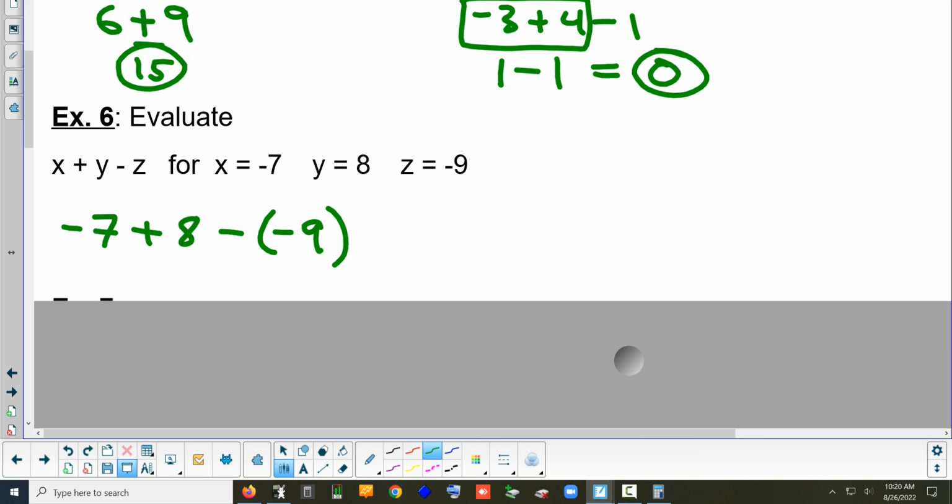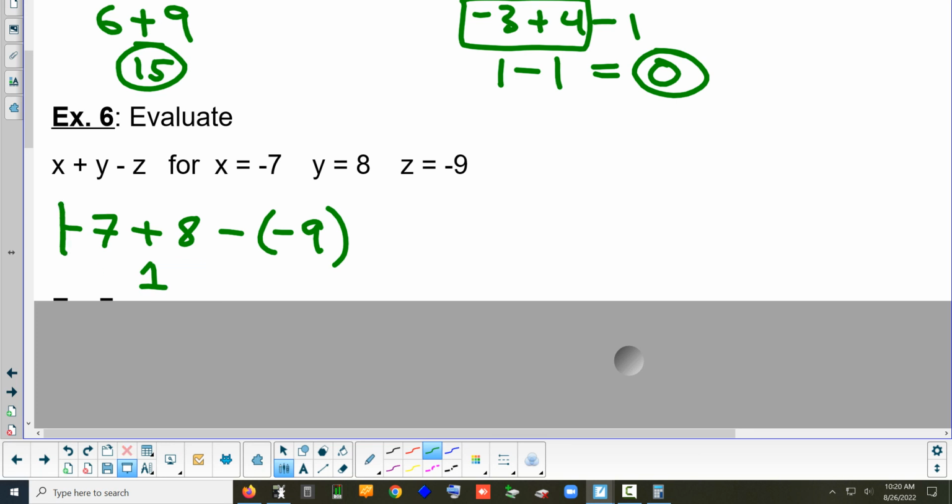All right. Now we go right in order from left to right. -7 plus 8. How about Brady? What's -7 plus 8 going to give me? 1. Yep. Good job. So 1. Now, look at what we've got here.